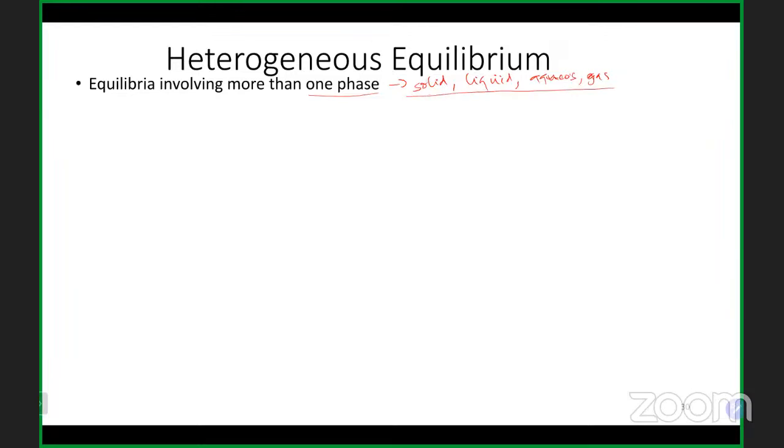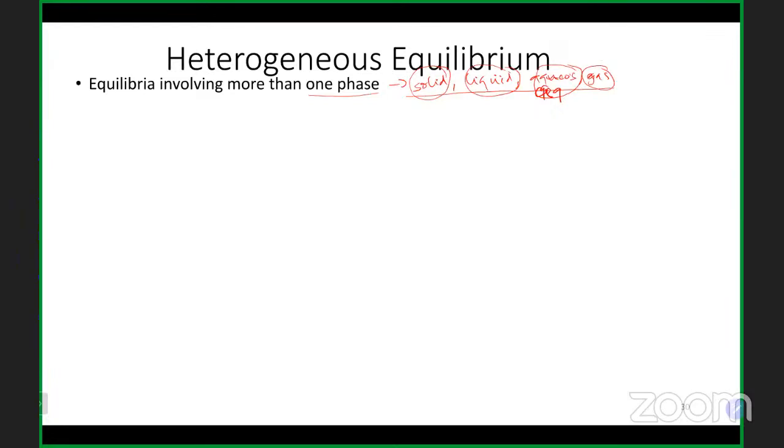If your equilibrium involves only solid, it is homogeneous equilibrium. If it involves only liquid, it's homogeneous equilibrium. If it involves only aqueous solutions, it is homogeneous. If it involves only gases, it is homogeneous.